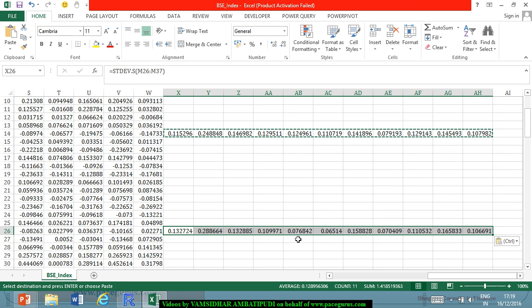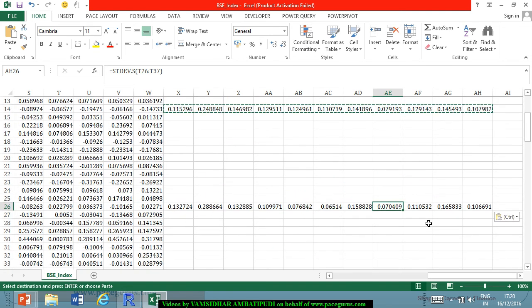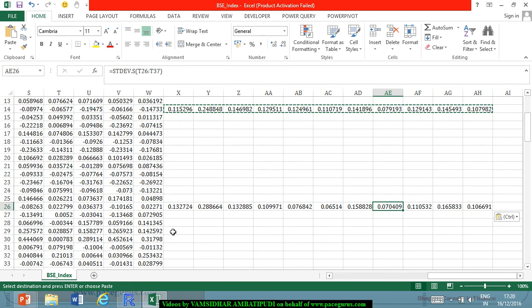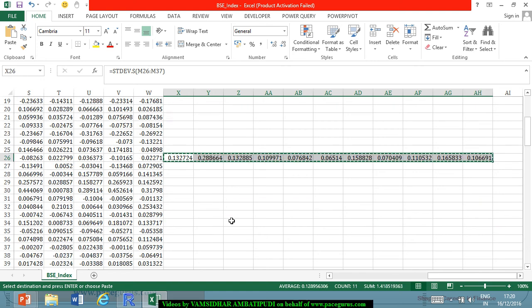IT's volatility was much lesser. Even healthcare volatility is much lesser. The same goes with FMCG as well, right? But I could see again the banking sector volatility was higher. So this is the story of 2009.